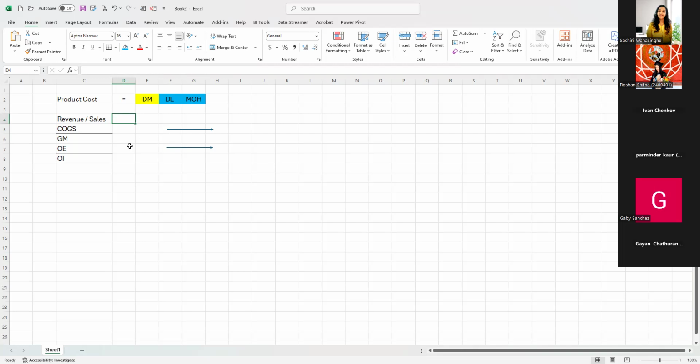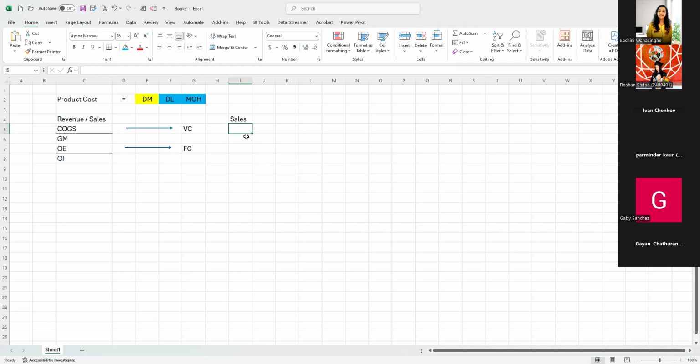Let's say we're gonna get cost of goods sold and the operating expenses, and the only way they can behave is as a variable cost or as a fixed cost. That's the only option they have. Then we're gonna prepare a new statement. We still start with sales.